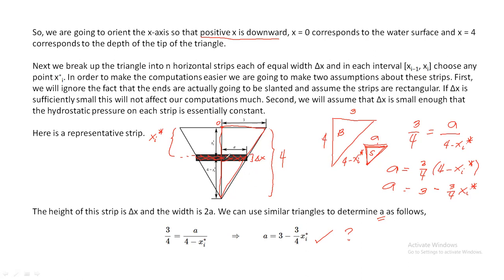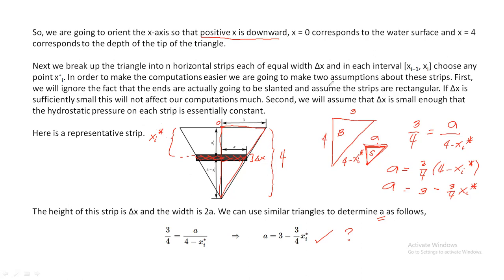You cannot use A because when you set up your integration later, you don't have A, but rather what you have is dx because of this delta x. So you need to express A in terms of this x here, since you have delta x as your differential.